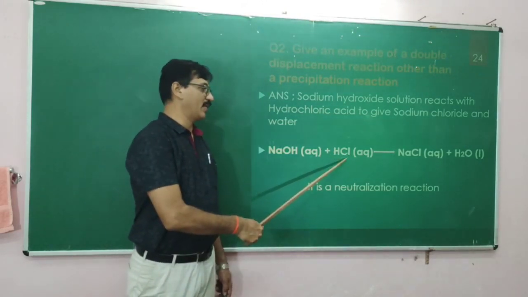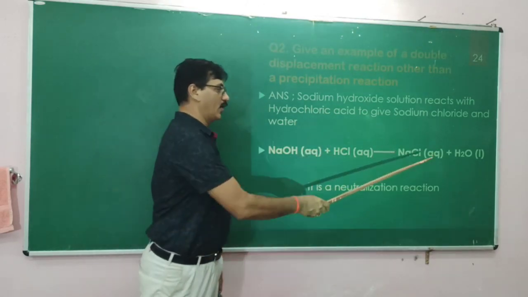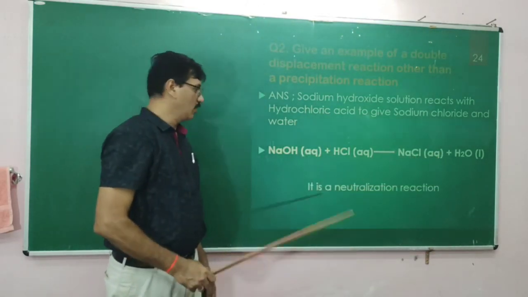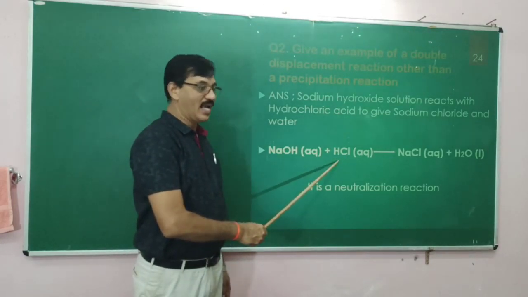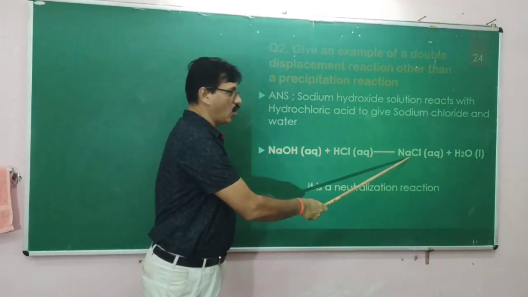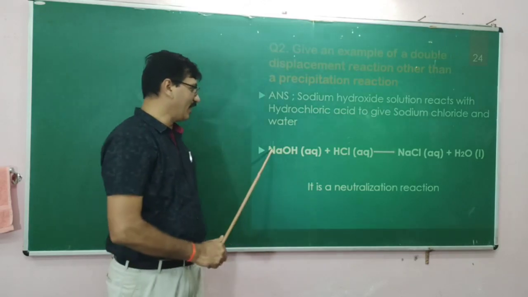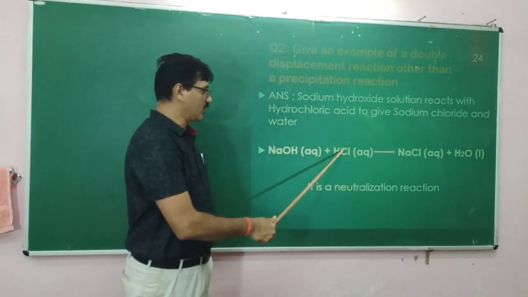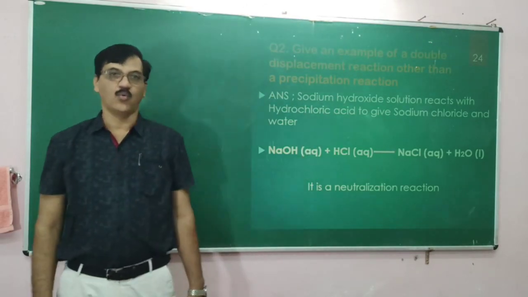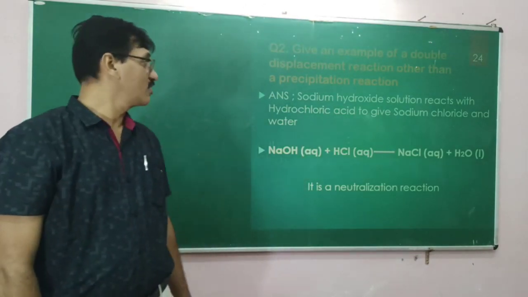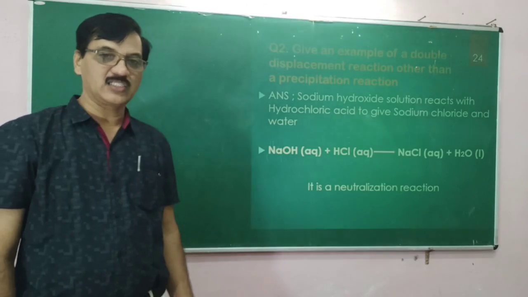Neutralization reaction is nothing but acid and base reacting to give salt and water. So, a base is sodium hydroxide, acid is HCl, then we'll get salt and water. So here NaCl forms by exchange of ions and OH will go to hydrogen to give water. So this is a double displacement reaction.